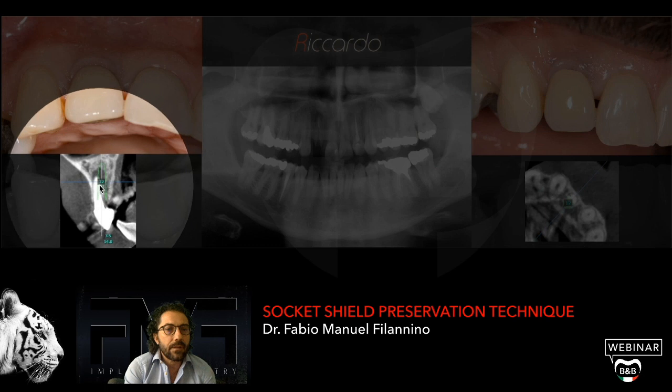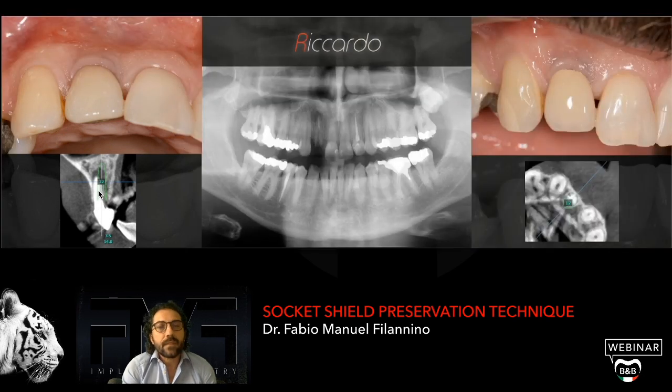Here we can see very well, and this is also the reason why I decided to do a socket shield technique, but also I decided to use a connective tissue graft to enhance the quality and the aspect of the convexity of the labial part of this lateral incisor.